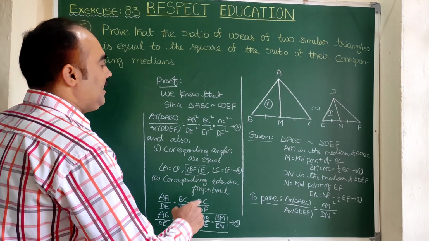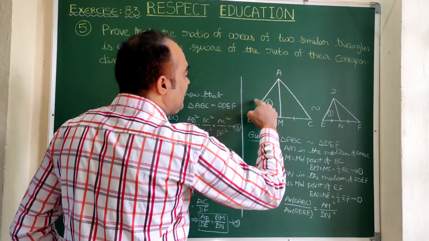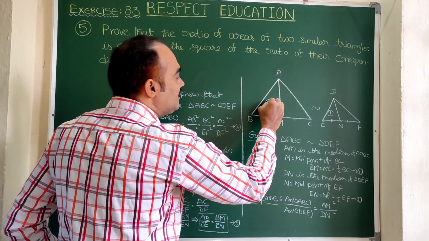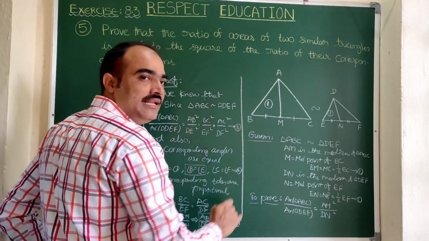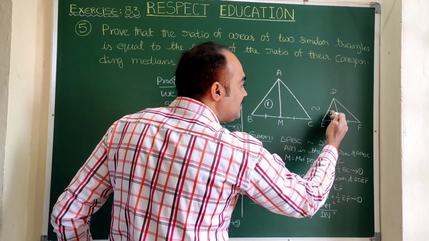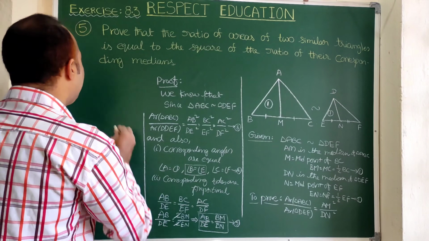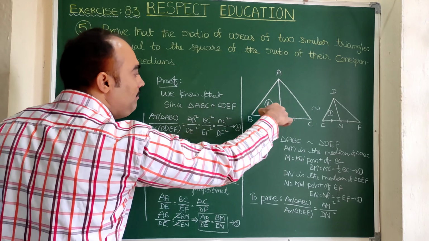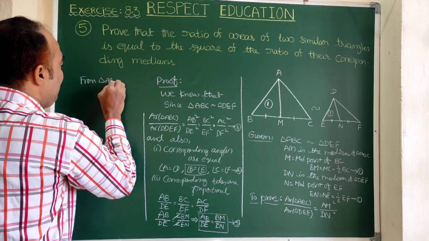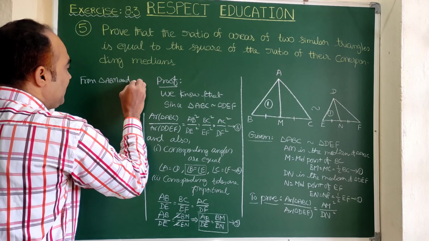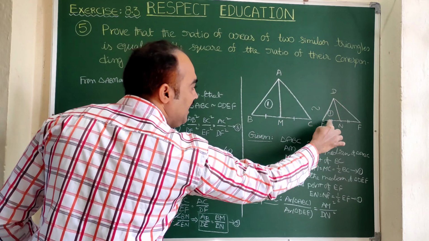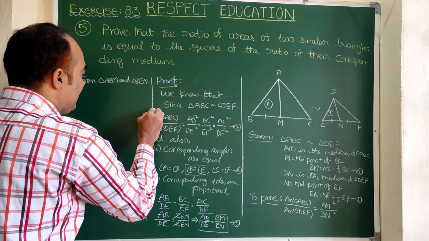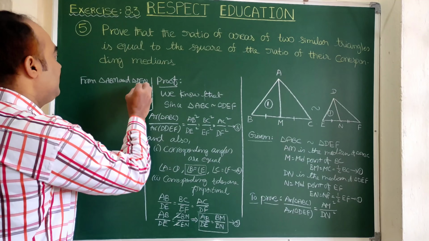Now let us compare triangle ABM and triangle DEN. This is the first part of the first triangle, and I am going to compare it with the first part of the second triangle. So from triangle ABM and triangle DEN, let us write our observations.